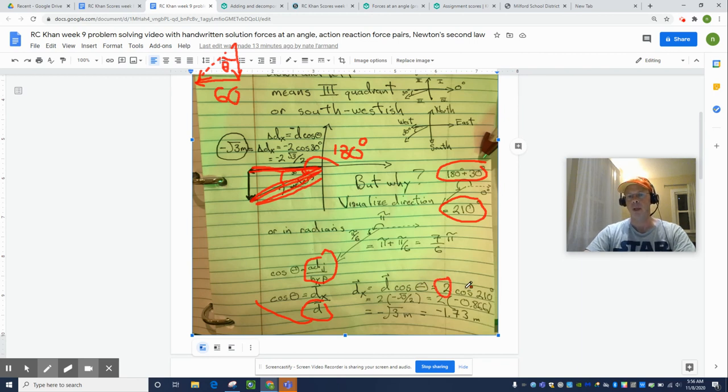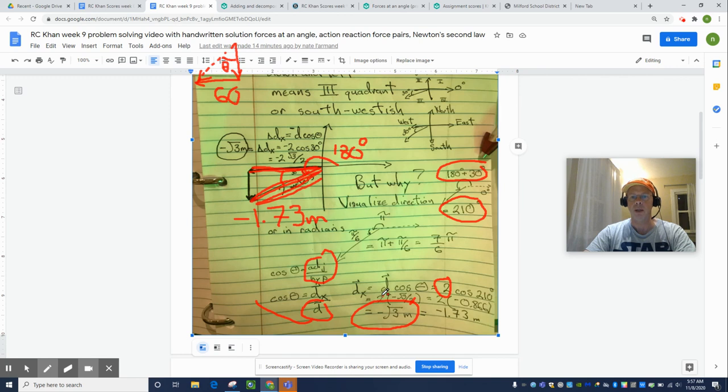2 multiplied by cosine of 210 degrees becomes 2 multiplied by negative 0.866, so this diver is negative 1.73 meters to the left of their original position. But Khan Academy is a math site, so they like to do 2 multiplied by negative root 3 over 2.